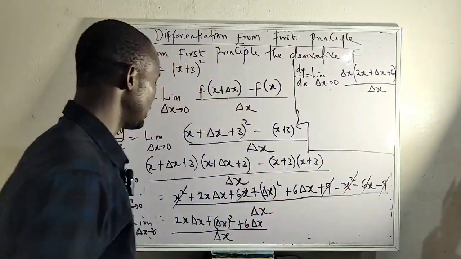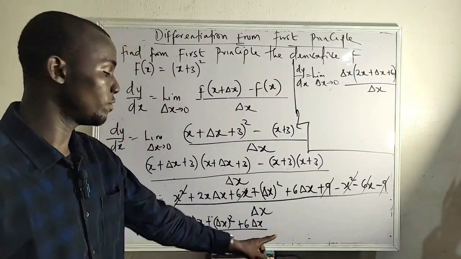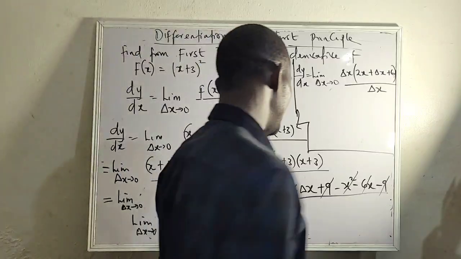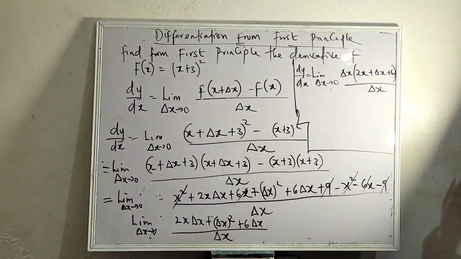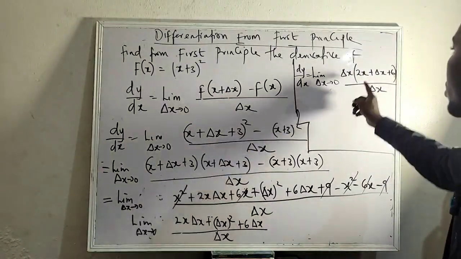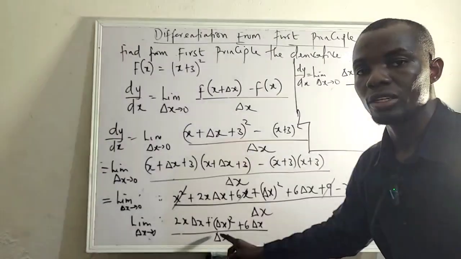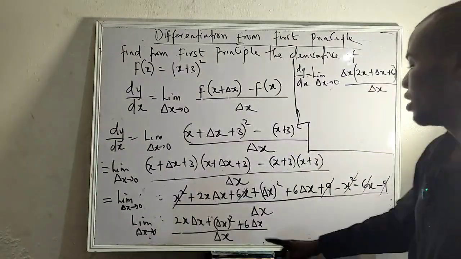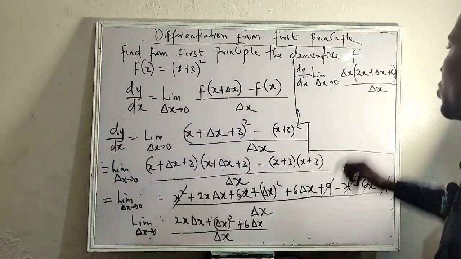So what did I do? Change in x is common to everything here, so change in x goes out. It will be left with 2x here, that's the 2x. It will be left with 1 change in x here, and then it will be left with 6. That's what we have there.